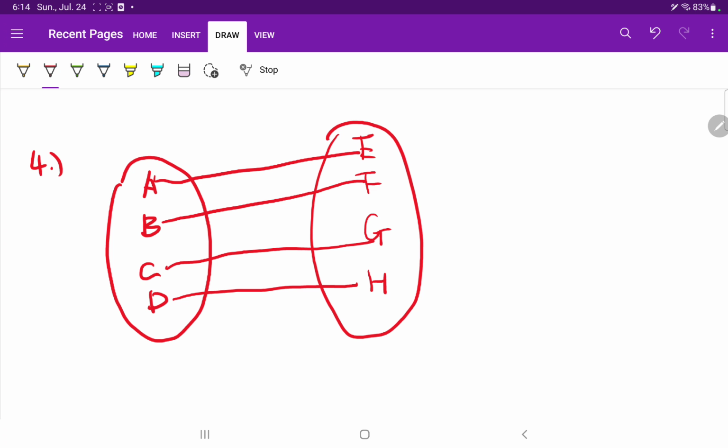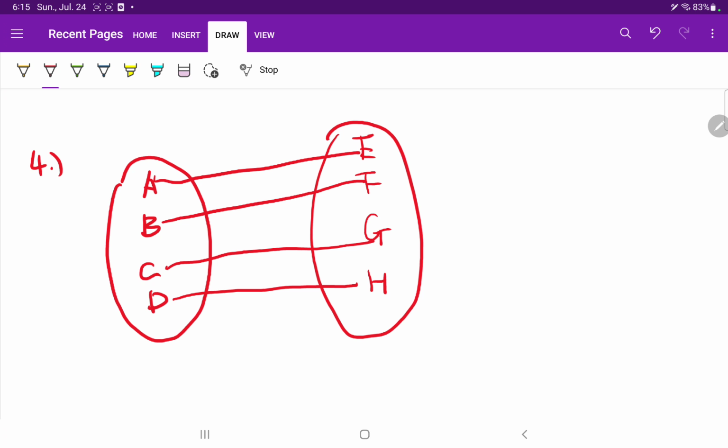In this case, it does, right? Because there's no situation where two of them are connected to one, like B and C connected to G, or C and D connected to H. They each have their own connection. Each element in the codomain has only one corresponding element in our domain, right?